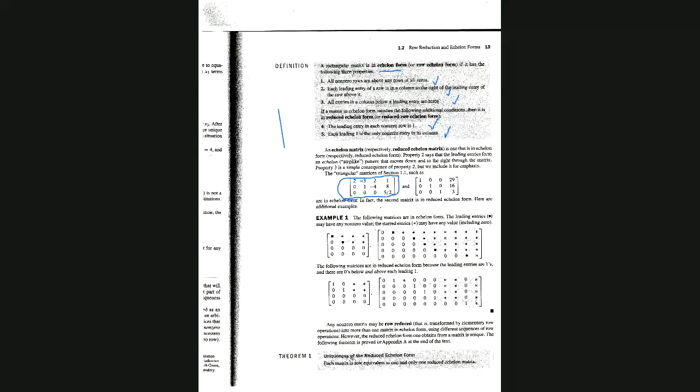So for instance, all non-zero rows are above any rows of all zeros. That's satisfied. Secondly, each leading entry of a row is in a column to the right of the leading entry of the row above it. That's true, looking at the matrix.